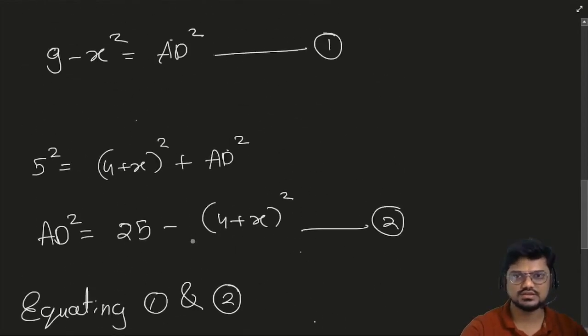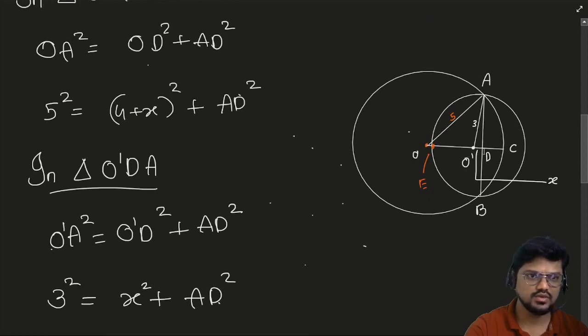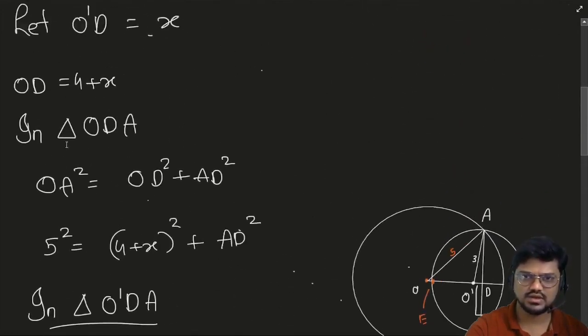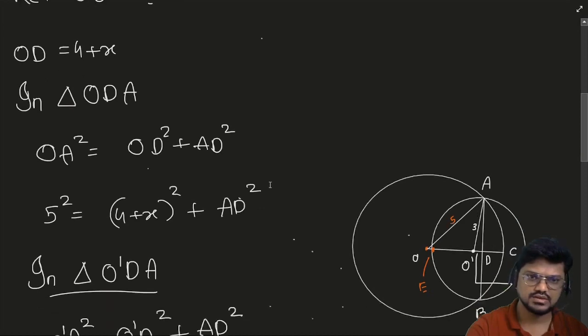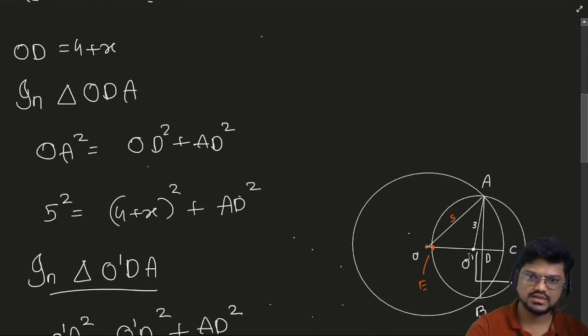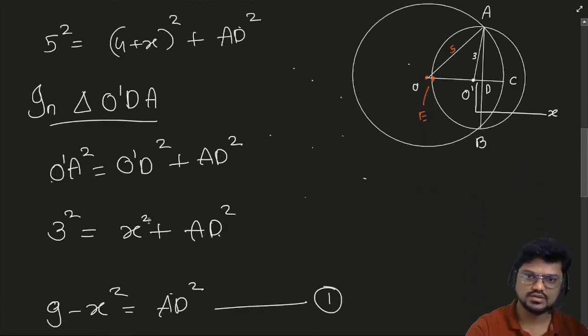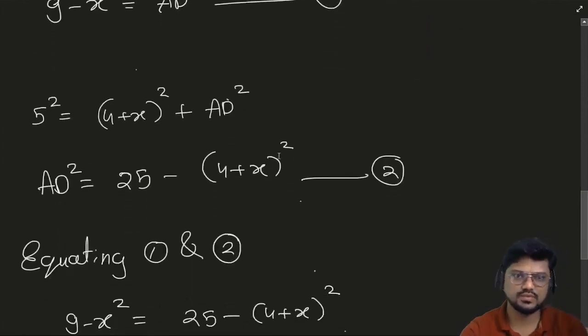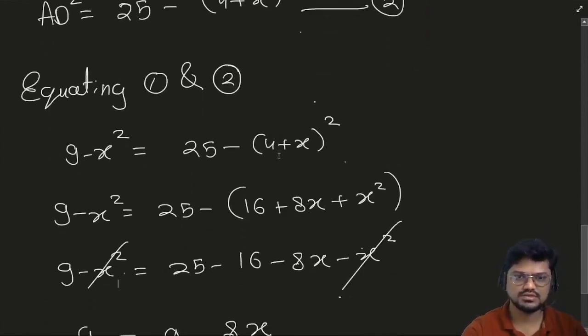Wait, there is some mistake. In triangle O dash DA, O dash A square, O dash D, and AD. And the other triangle which I have taken is ODA. In this, OO dash is how much? 4, and then plus X, and this OA is 5, plus AD square. Everything is right. So this should be 25 minus 4 plus X square, 16 plus 8X plus X square.